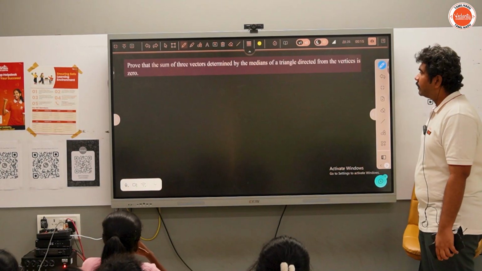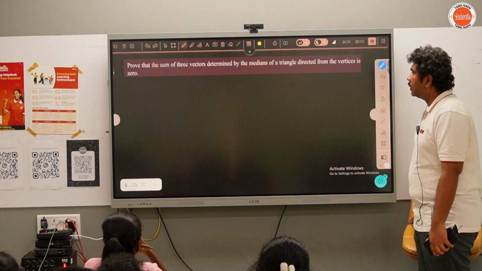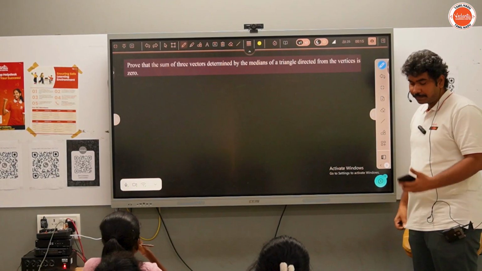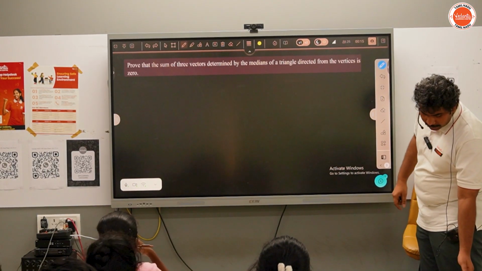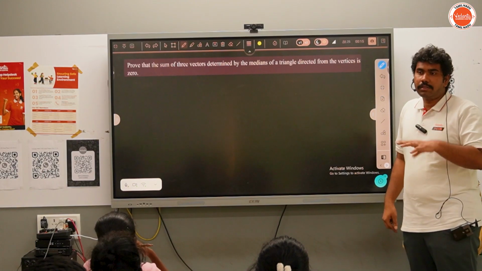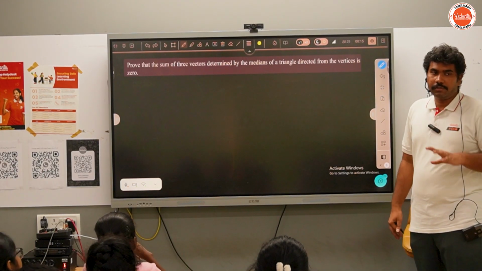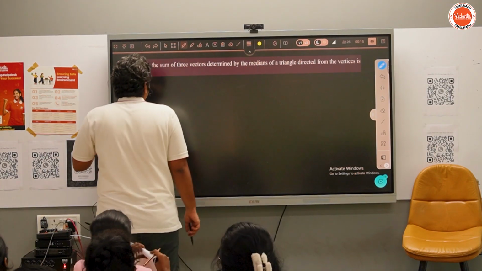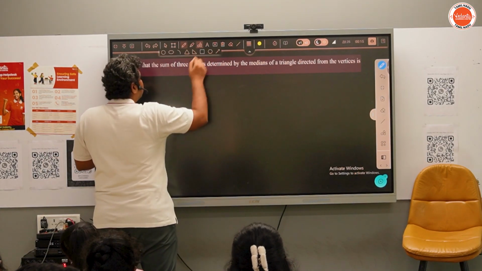Prove that the sum of three vectors determined by the medians of a triangle directed from the vertices is 0. So whatever we are proving, you just take it as a result also. Okay, it will be useful sometime later.